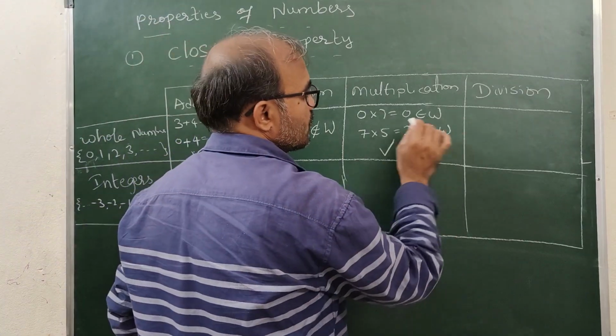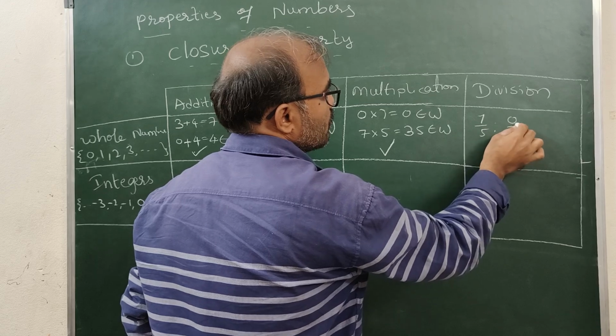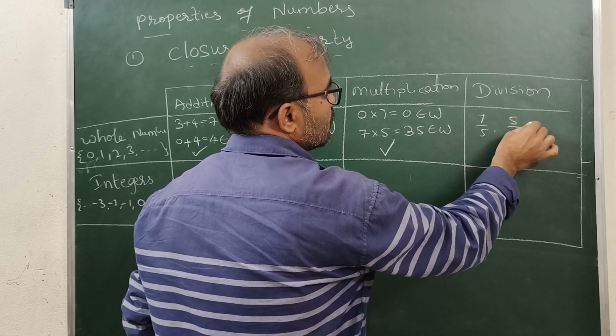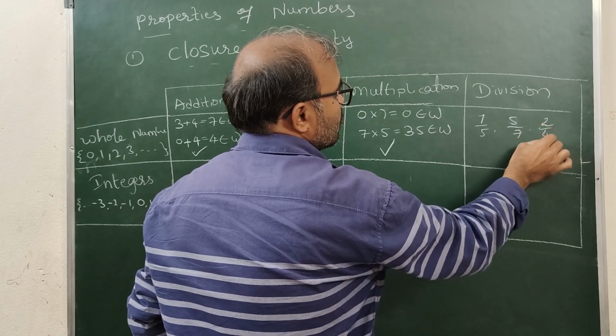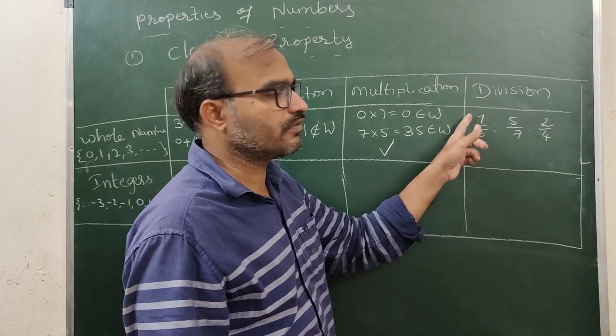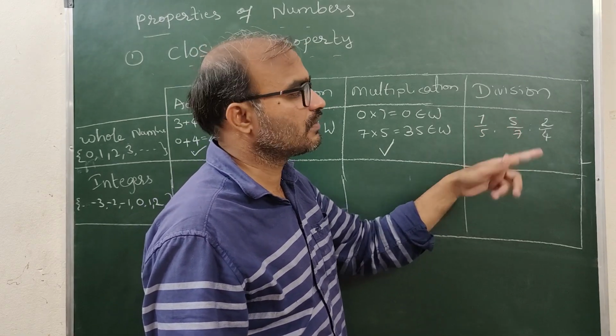Take the same numbers, 7 by 5 or 5 by 7. These numbers 7 and 5 are whole numbers, but 7 by 5 is not a whole number, and 5 by 7 is not a whole number.